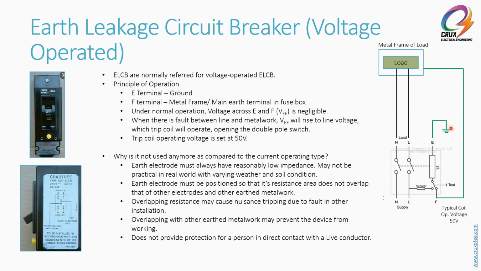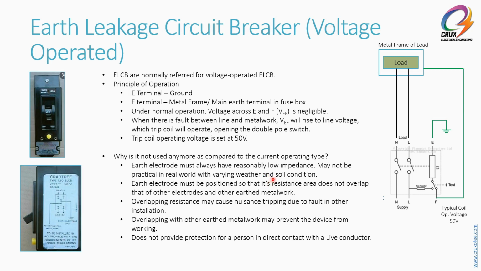So your grounding resistance must be at most 500 ohms or below. Any leakage more than 100 milliamps will trigger the voltage coil, so your earth electrode must have reasonably low impedance.